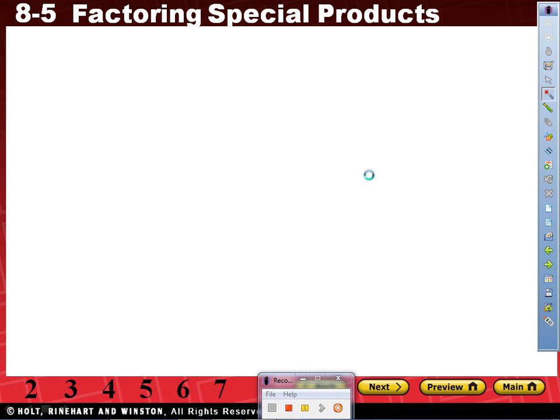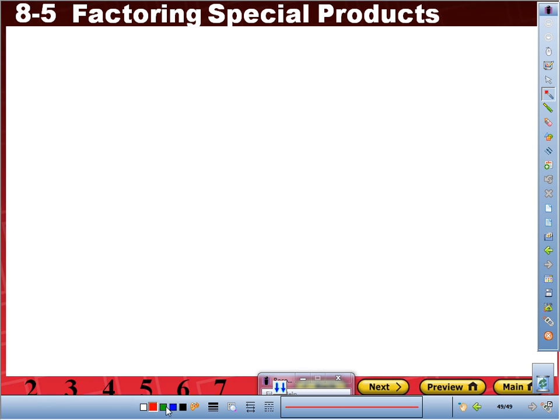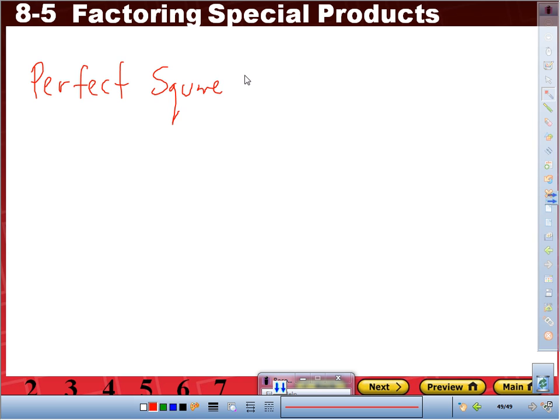The first thing, on your Q side of your notes, I want you to write this down. First thing that we're going to be looking at is perfect square trinomials. That's the first thing. And there's a pattern as to how to factor those. On the Q side, you don't need a definition. I just want you to write the vocabulary I'm going to be using.